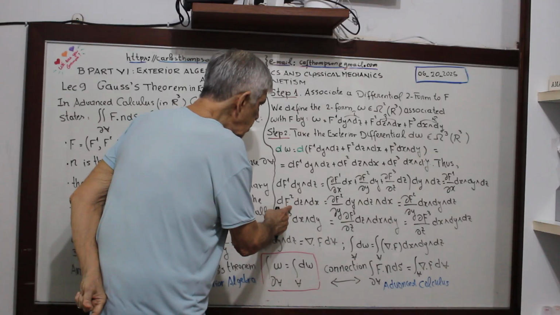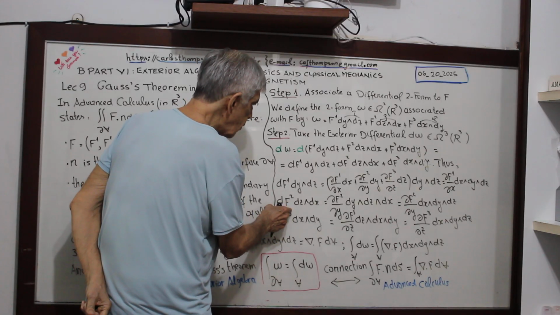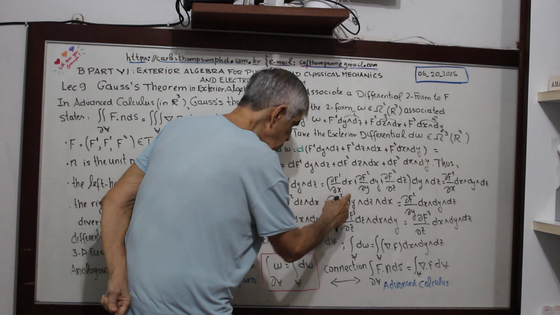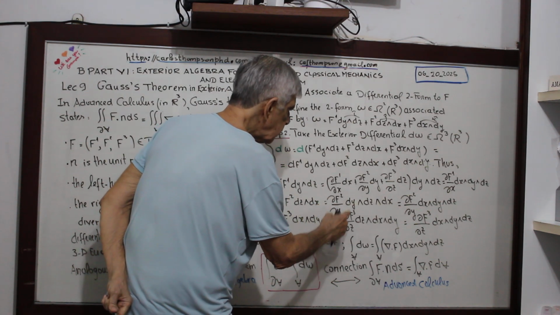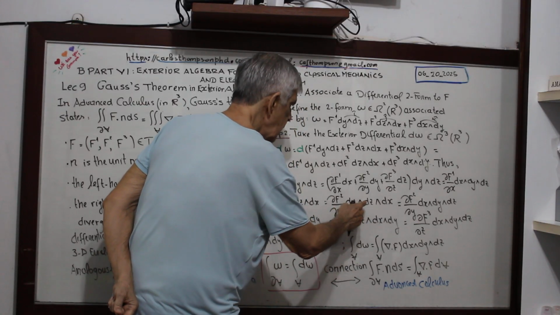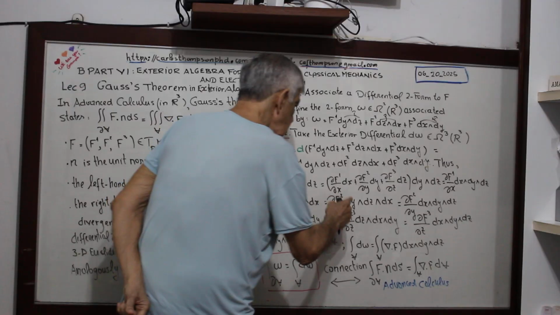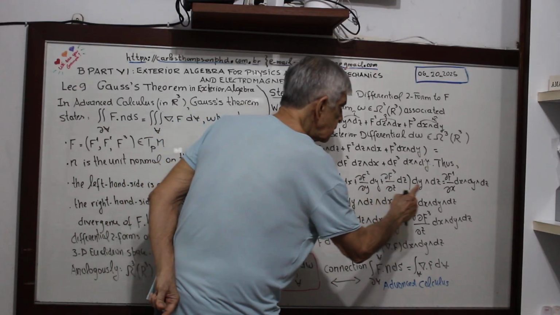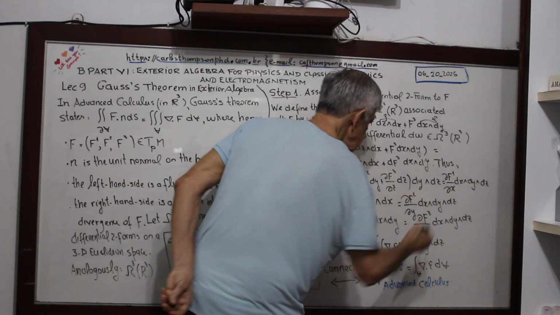Analogously, dF2 is a one form, with the partial of F2 with respect to y dy, combined with dz dx, giving dx dy dz.